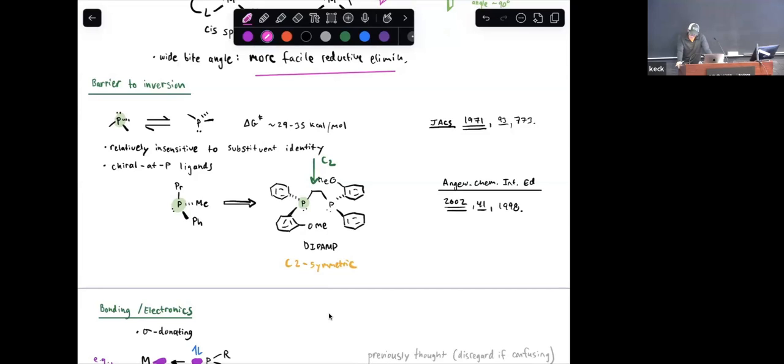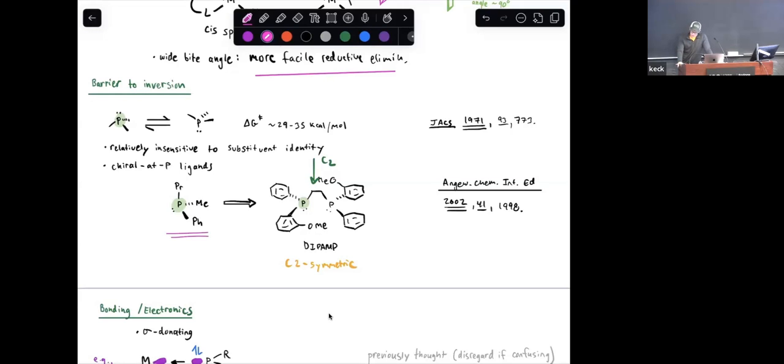This is not true with amines, so you never see chiral-at-N ligands because the inversion barrier is too fast. But phosphines have this special property, and it turns out the inversion barrier is also insensitive to the identity of those groups. So this property elucidated by Mislow led to the development of the first generation of chiral-at-P phosphines.